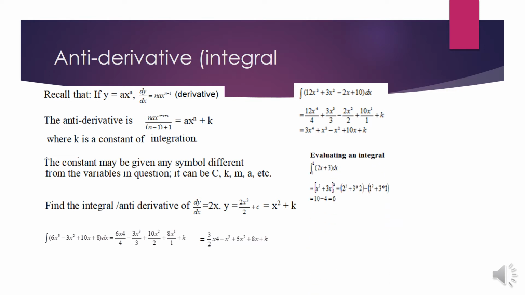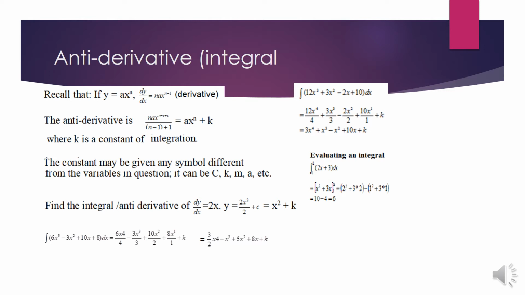Then evaluating an integral. Here, the integrals we have looked at above are indefinite integrals. They have no limit. That's why you have constant k. And the constant k might be 1,000,000, might be 20 million, might be very large, or might be very small, negative 50, etc. Now we want to deal without a constant, so that we deal with a definite integral.